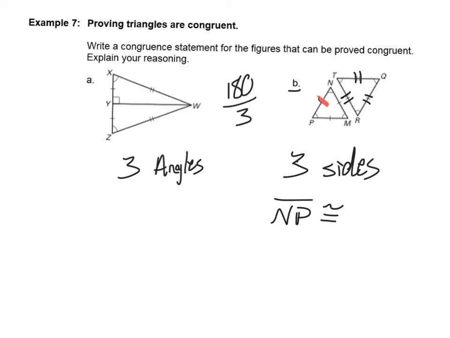Yes, they're all congruent to each other because they all have 2 tick marks, but the problem is I need them to correspond to my original triangle where I have NP. So in this case, none of the sides are going to be congruent to one another, which tells me that if I tried to write out a congruence statement, it's not going to work here because my triangles are not congruent.